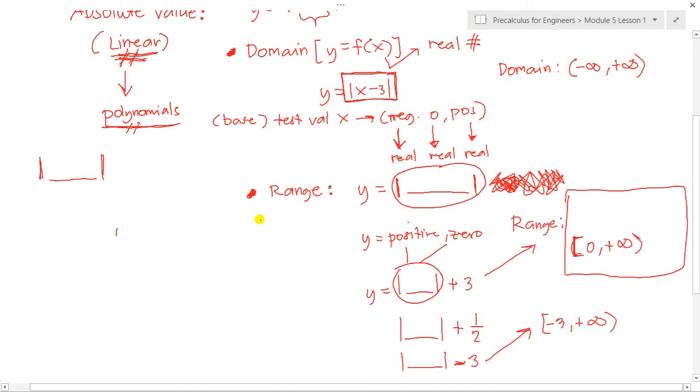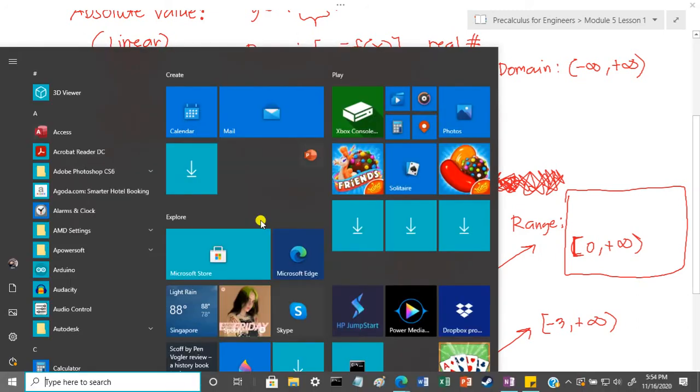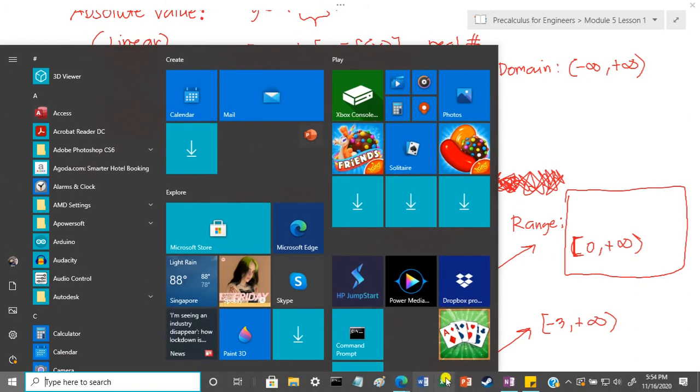You can't say the set of whole numbers, because whole numbers are limited to positive integers and including 0. Okay, got it? No more questions? Okay.